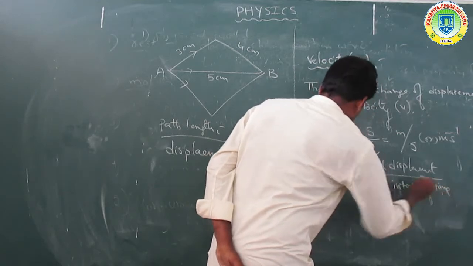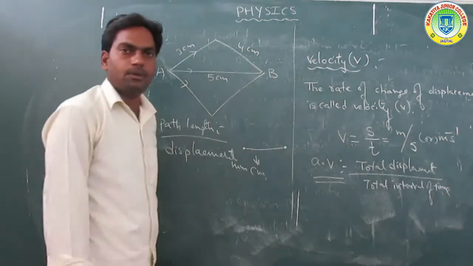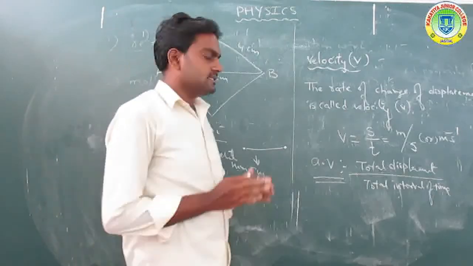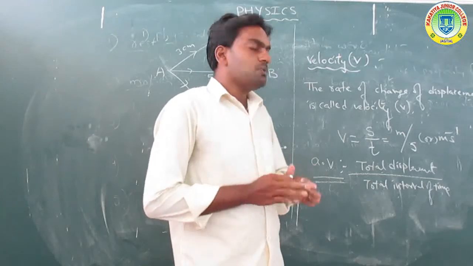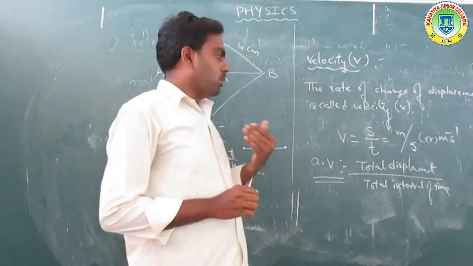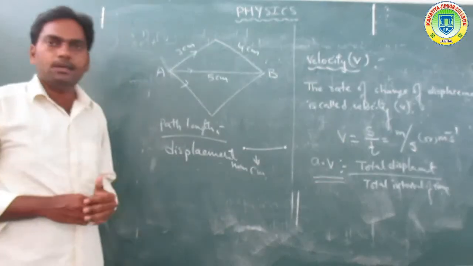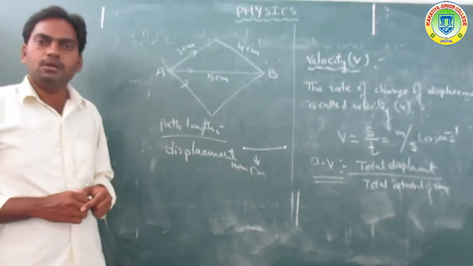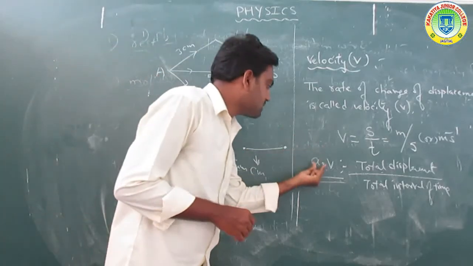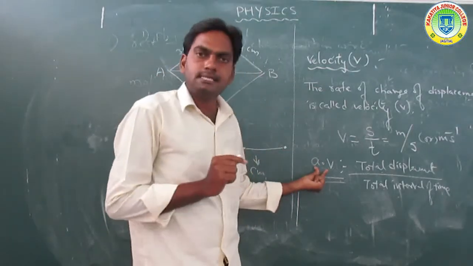It is the total displacement of the traveling body divided by the total interval of time. That is called average velocity.